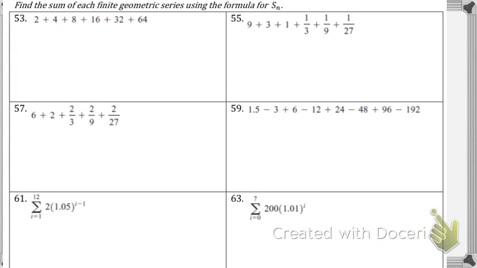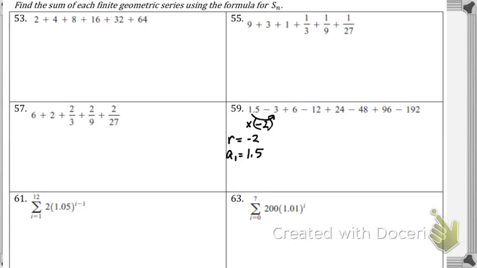59, we're supposed to find the sum of each finite geometric sequence using the formula S sub n. So we're multiplying by negative 2, so that's my r value. My very first value, a sub 1, equals 1.5. And how many terms do I have? I have 1, 2, 3, 4, 5, 6, 7, 8.